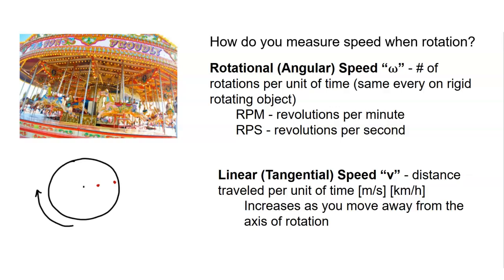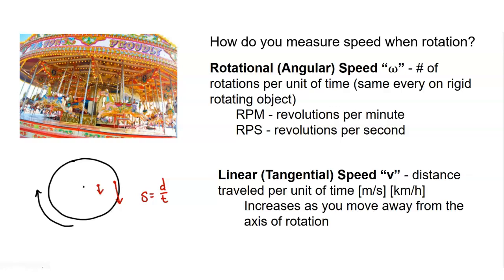The linear tangential speed is the distance traveled per unit of time. So if you remember what we talked about earlier, the definition of speed is just distance divided by time. Since this one is a lot closer, it's going to go a shorter distance. It's going to have a smaller speed, while the one closer to the edge is going to have a faster speed.